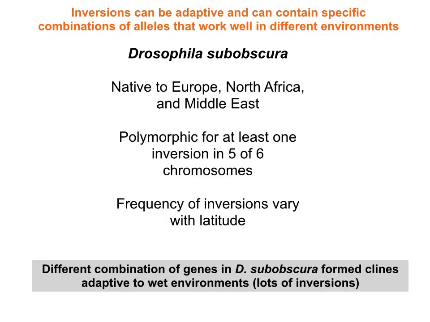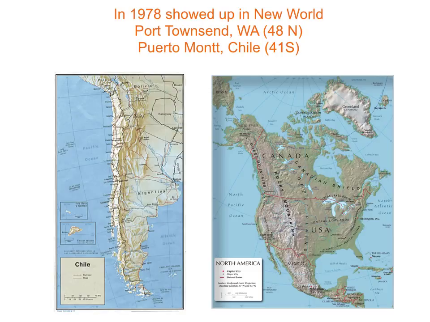And in fact, in this case, we have a natural experiment, where you had Drosophila subobscura showing up in the 70s in two different places outside of the Eastern Hemisphere.